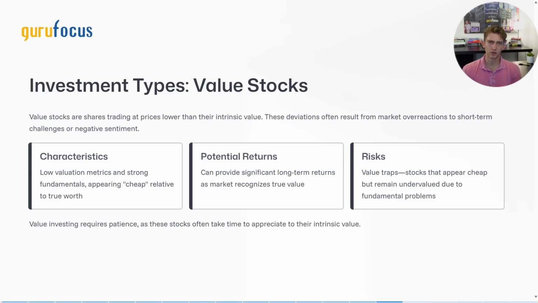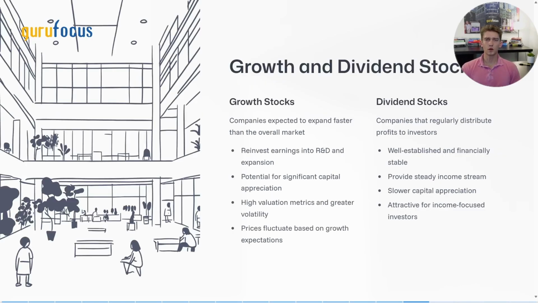When there are mismatches between the market price and the assumed true value, that's when you have potential value stock opportunities. Two other common style-based classifications of stocks are growth and dividend stocks.